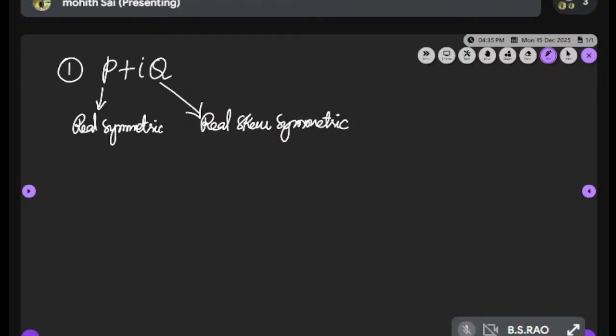Then P plus IQ is what? P is symmetric, Q is real skew symmetric. Then what about P plus IQ?